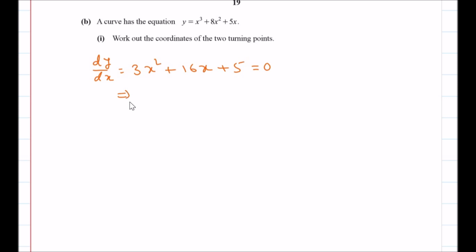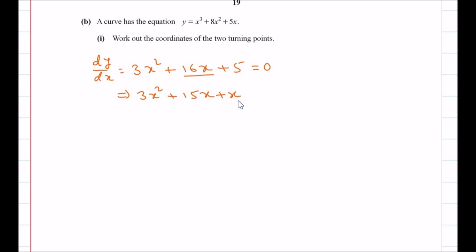Now we have to solve for x. So we can factorize this. And if you are not comfortable in factorizing, you can use quadratic formula even. I will be doing factorization method here. 3x square plus 15x plus x. I split the middle term 16x as 15x plus x.